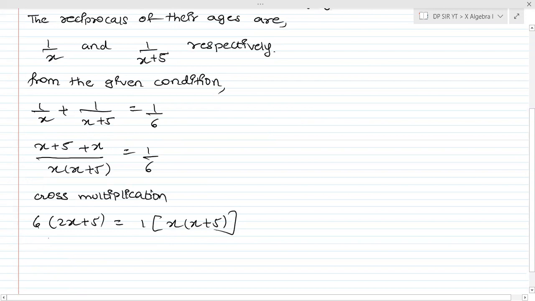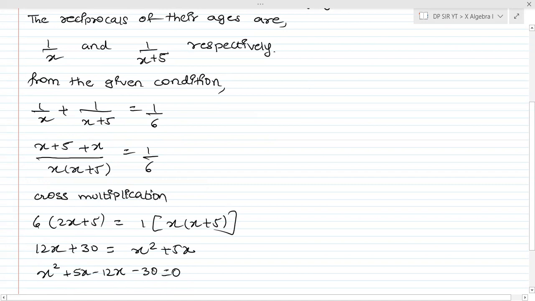Can I now form the quadratic equation? Here it's going to be 12x plus 30 on the left, and on the right x square plus 5x. Just form the quadratic equation: x square plus 5x minus 12x minus 30 is equal to 0.